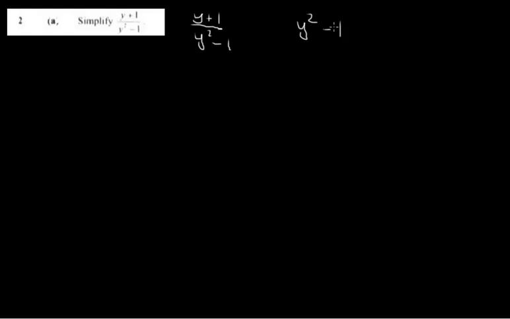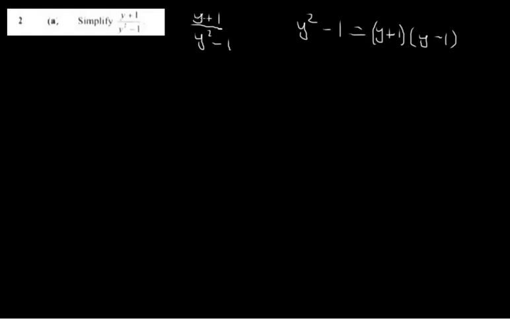So whenever you have such an expression, you should always remember to say this is equal to y plus 1, which is the square root of this plus the square root of that, multiplied by y minus 1, which are the same values, but then this time are being subtracted.